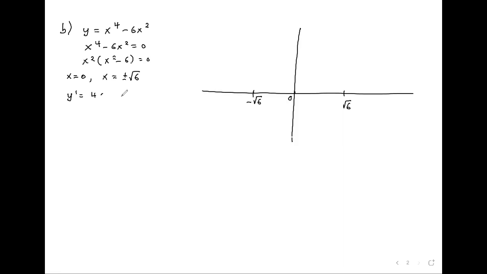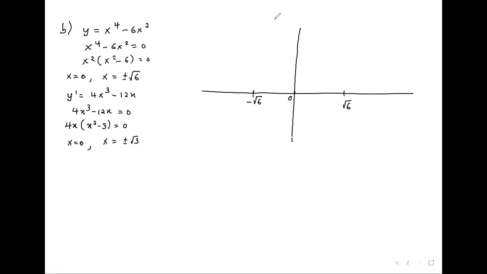We get 4x³ minus 12x, and equate this to 0. So we get 4x(x² minus 3) is equal to 0. So x is 0 as a turning point. Also, x is plus or minus root 3 as turning points.